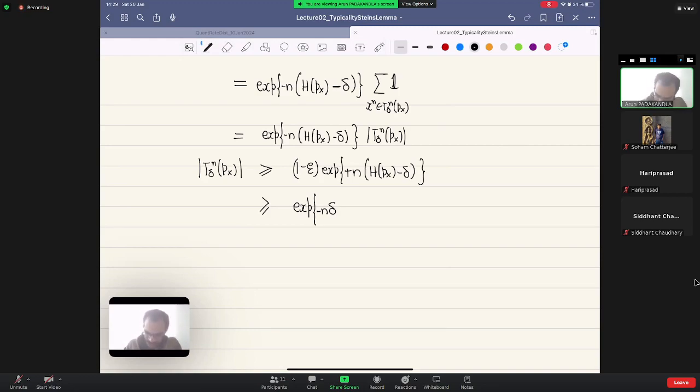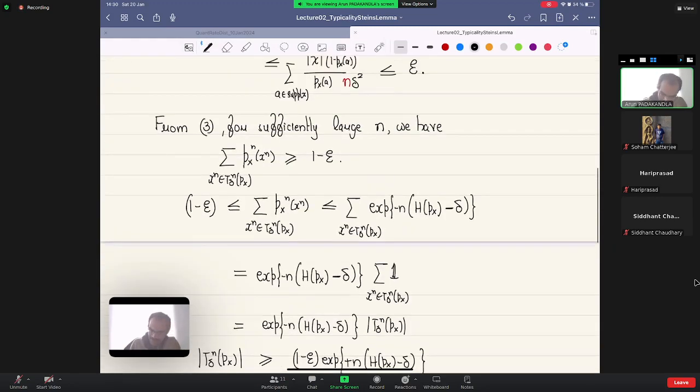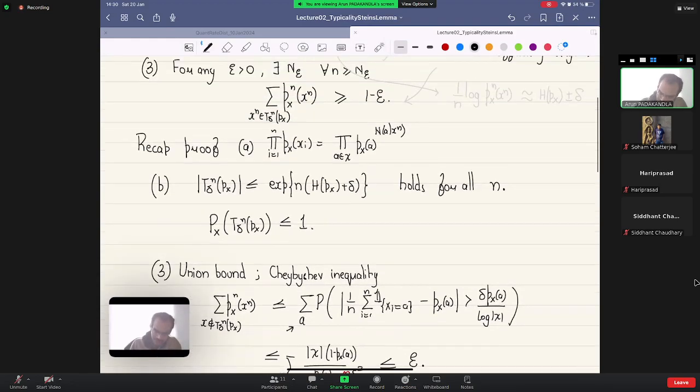So that's all the idea. So n times H(p_X). Now you see, I need n being large enough. Just a technical point: n times (H(p_X) minus 2 delta). So please make that correction. Yesterday I wrote minus delta, but it's actually minus 2 delta.